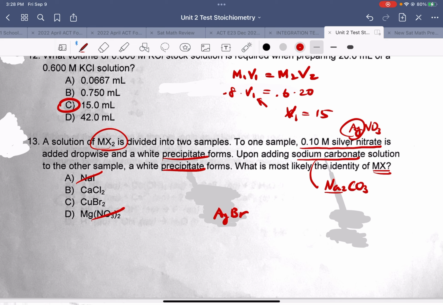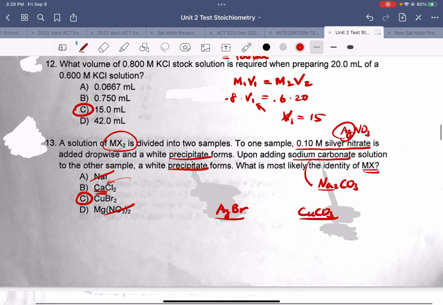So you need to have C. AgBr and CuCO3 are white precipitates. And calcium is also one of the things that is soluble. So it should be C.